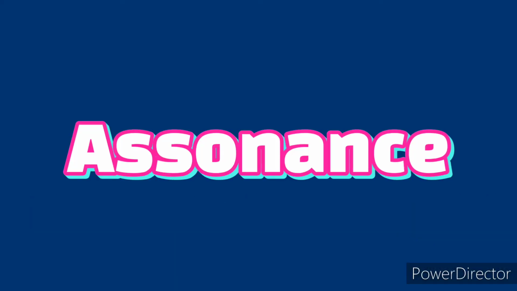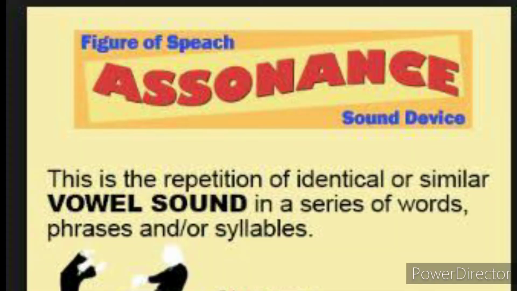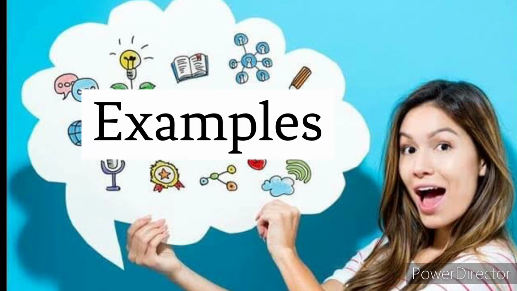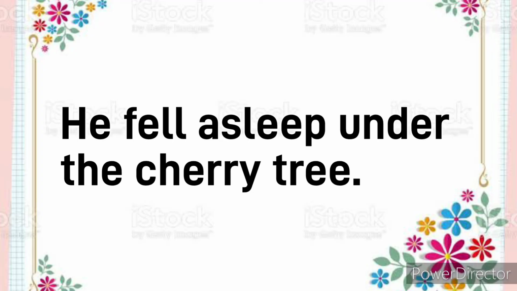The next figure of speech is assonance. Here we find the repetition of identical or similar vowel sound in a series of words, phrases, or syllables. Here are some examples. He fell asleep under the cherry tree.